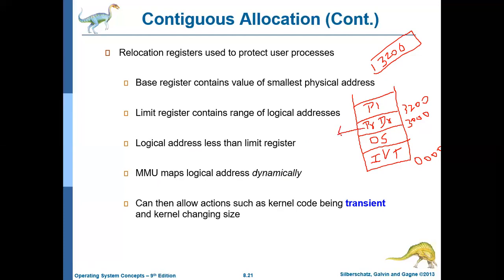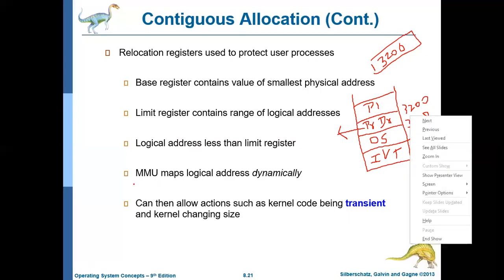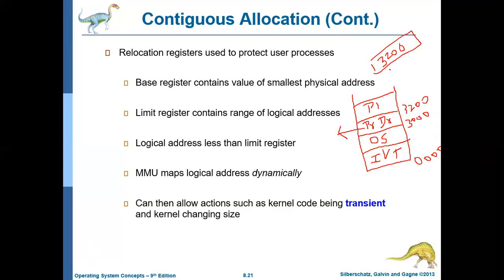If this driver is there, then the operating system size will go up to 3200, and because of that, the base register of P1 will have the value 3200. But if this driver is not there, then the operating system size will be only up to 3000. In that case, the base register of the process P1 will have the value 3000. It will not be 3200.